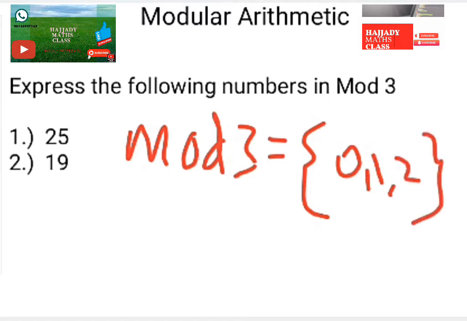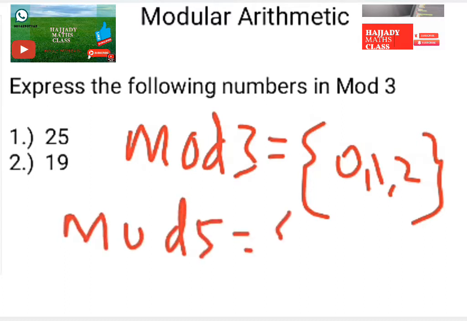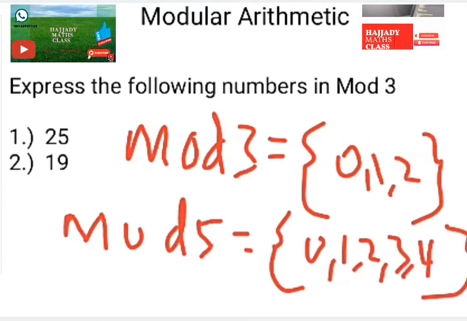Should not be up to 3. If you have a number given to you in mod 5, all the digits involved should be 0, 1, 2, 3, and 4. This is more or less like the remainder whenever any of these mod values is being divided.